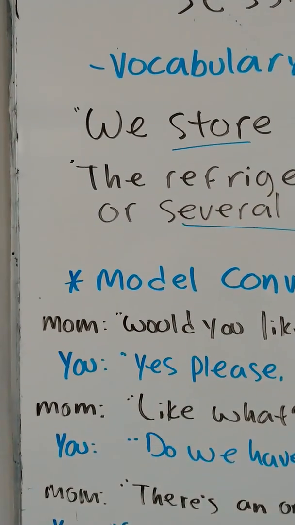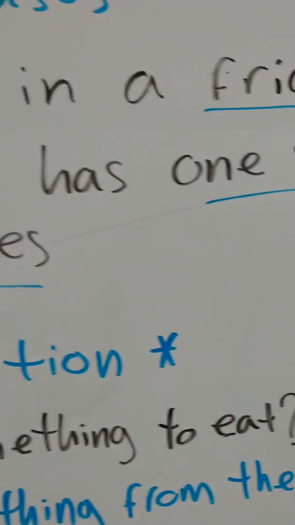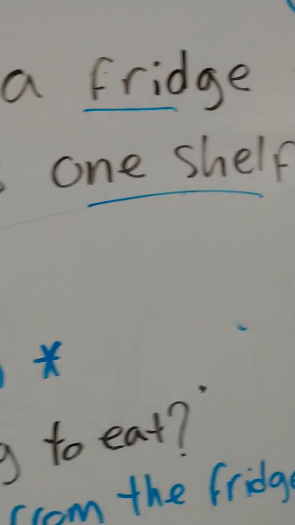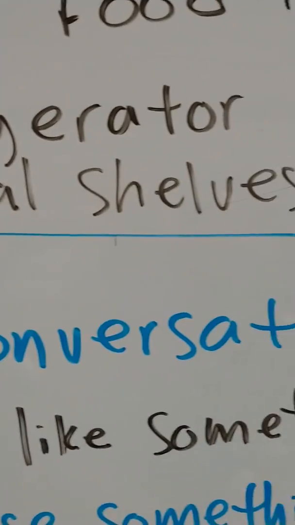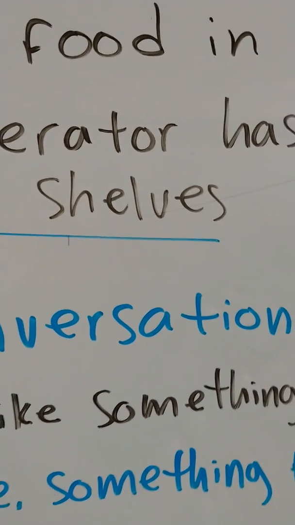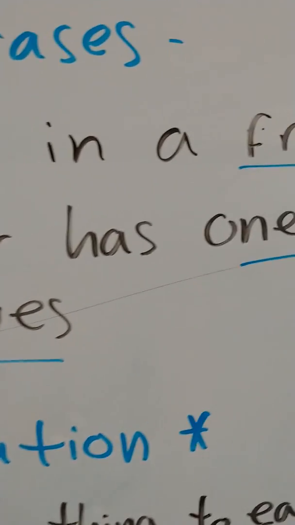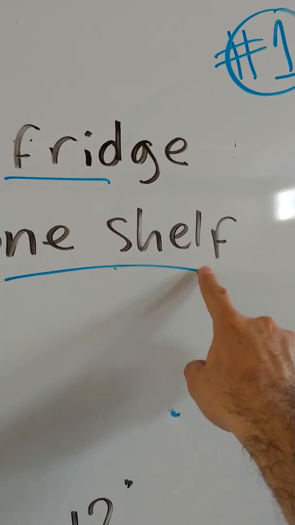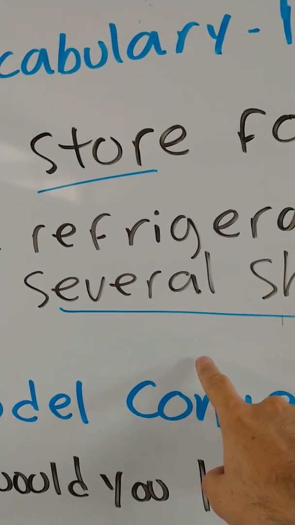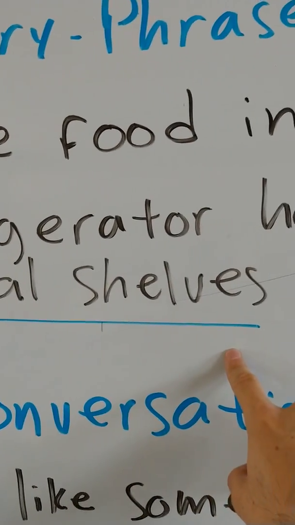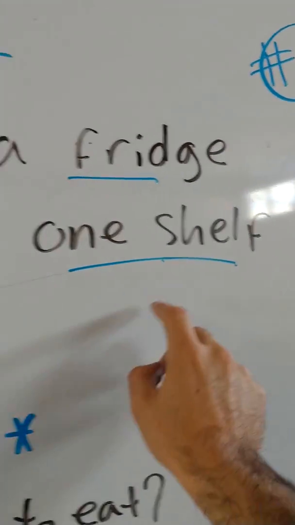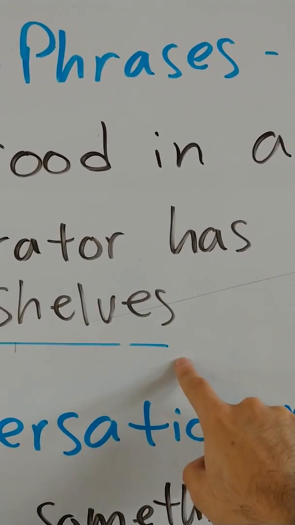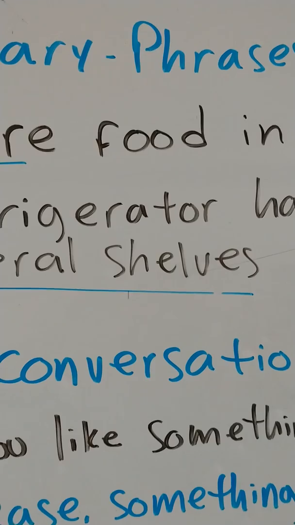Okay, refrigerators can have one shelf or several shelves. Are you paying attention? One shelf, F, several shelves. Change the F for VES in the plural version.